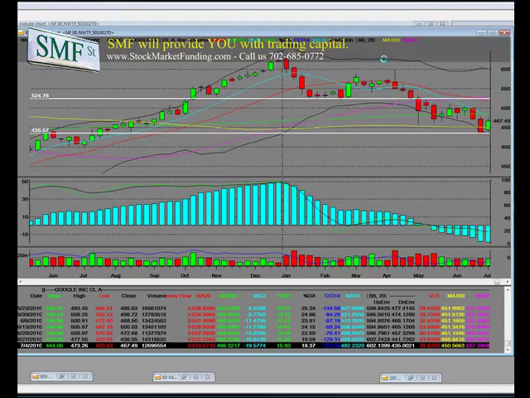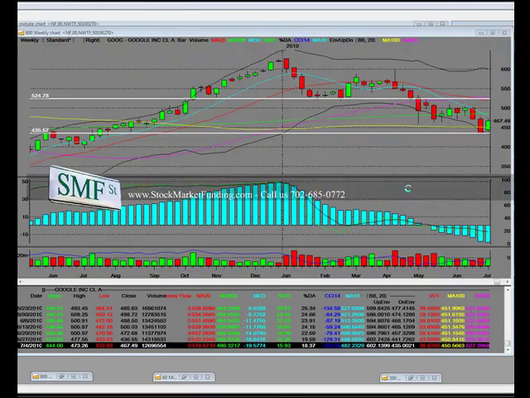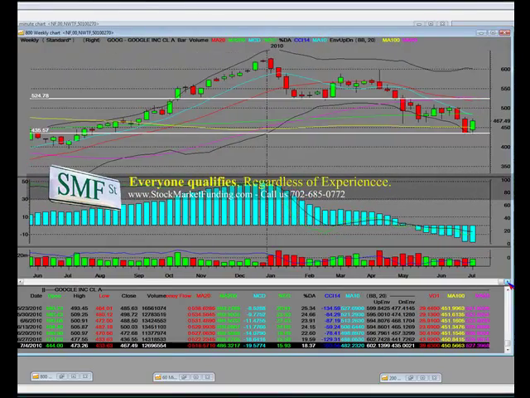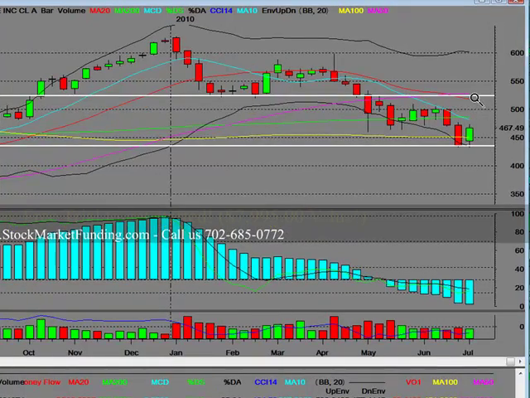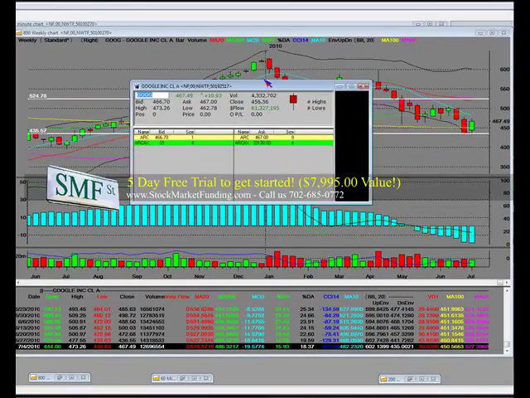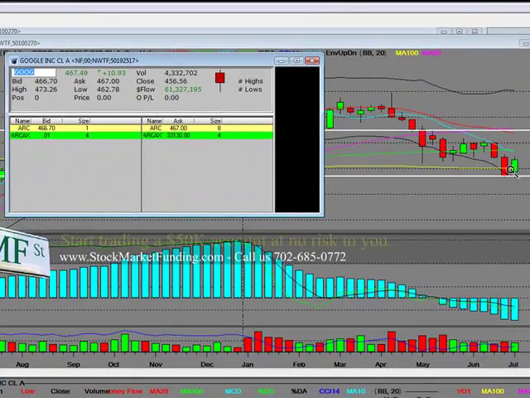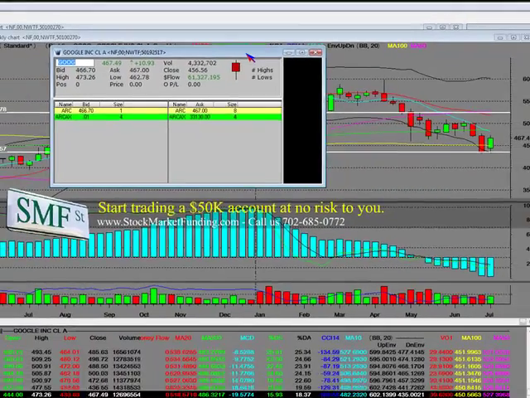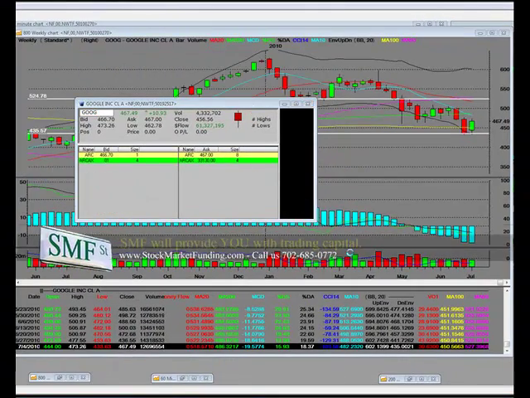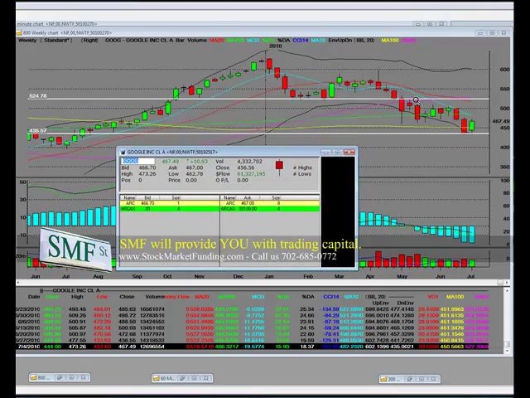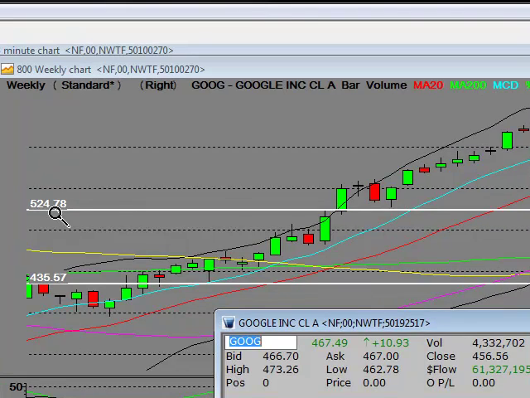We have our own system that we use that's very, very accurate, and it's used for our SMF MMTs. What they're being taught today is that the upper end of resistances and a good earnings report can take us to this level right here of 524.78.